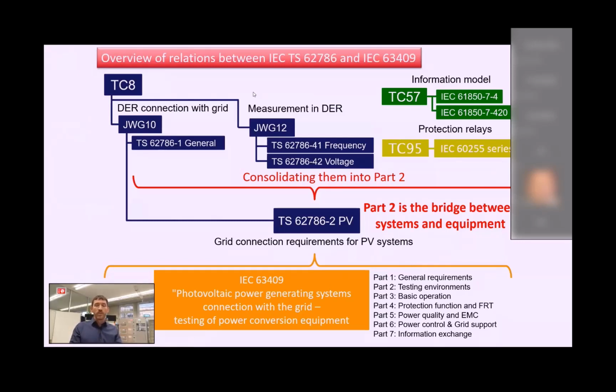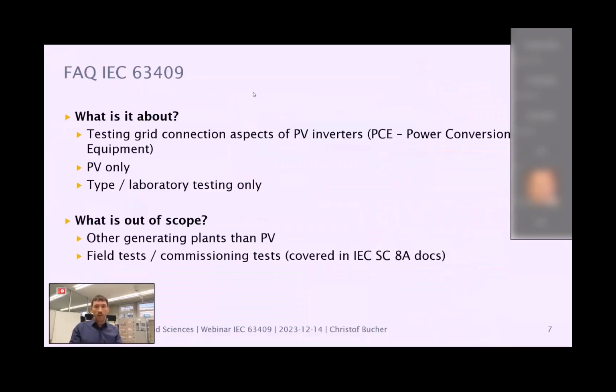In the top area, again, TC8, which does the whole requirements, also linked to TC57, which is active in the area of communication, for example. And at the bottom you have TC82, which is the photovoltaic committee, which does the testing documents. So that's the very basic setup and organization of our project.